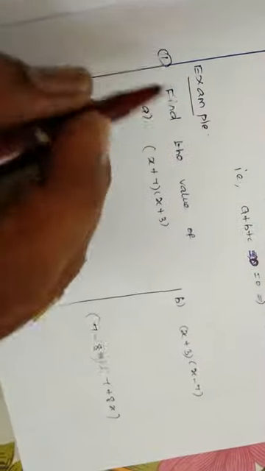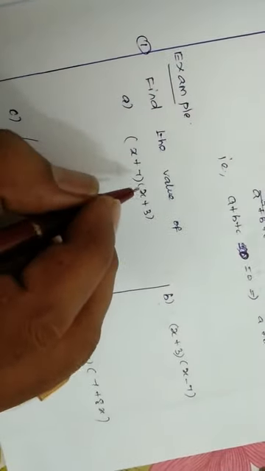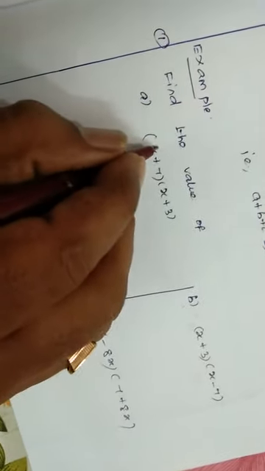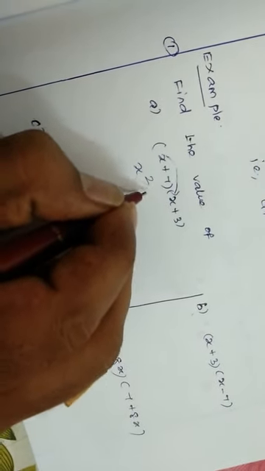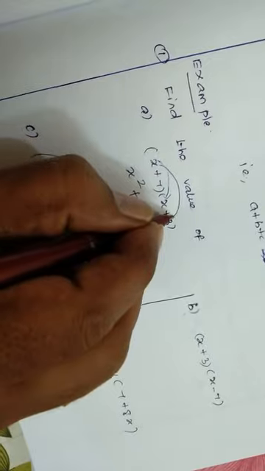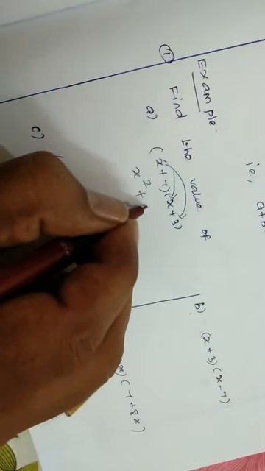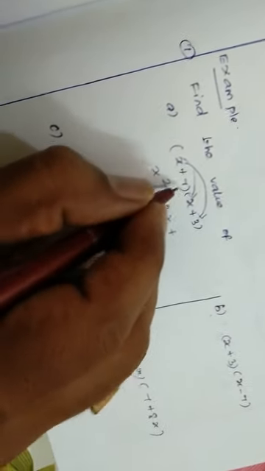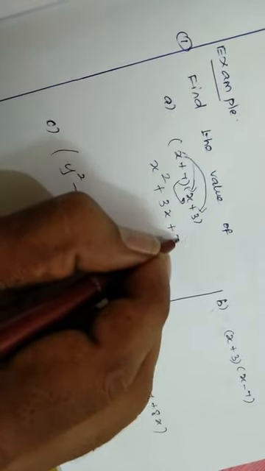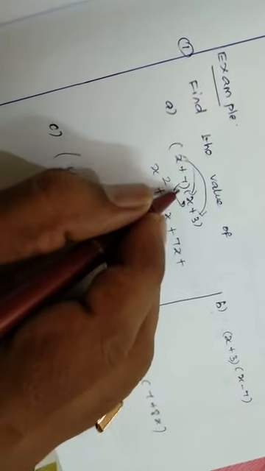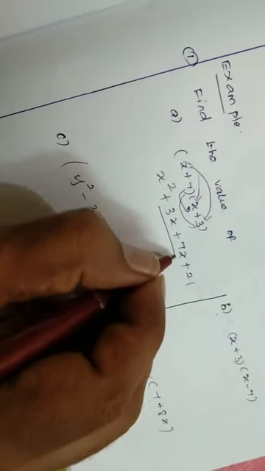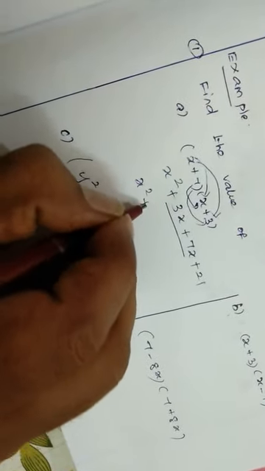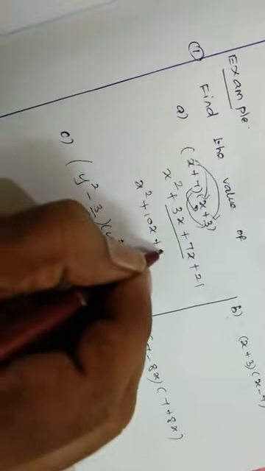Now you are going to find the value of (x + 7)(x + 3). So normal product: x into x, x square, plus x into 3, so 3x. Similarly, plus 7 into x, 7x, plus 7 into 3, 21. Now we add like terms, so x square plus 10x plus 21.